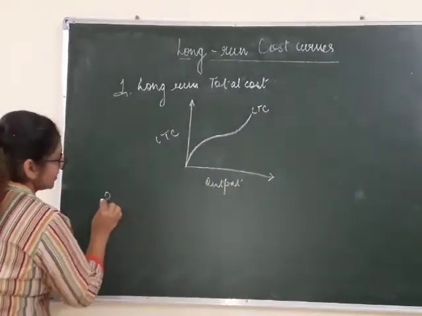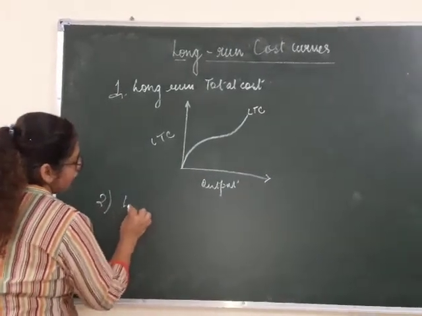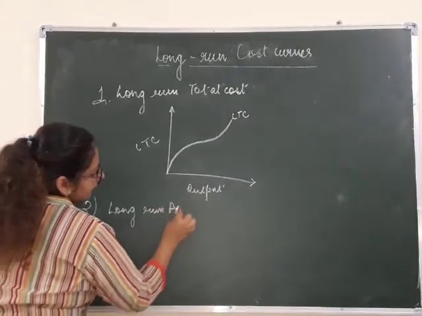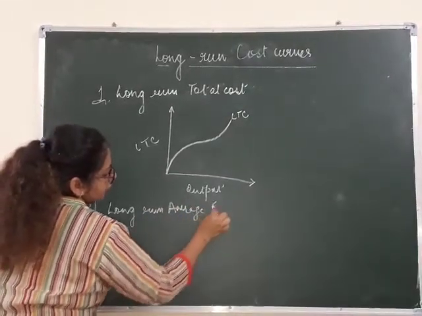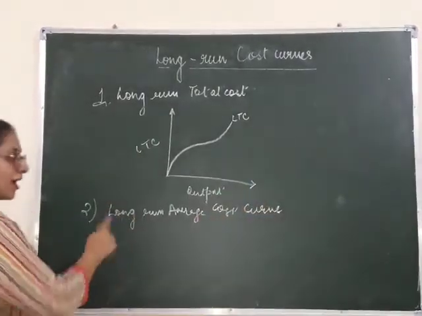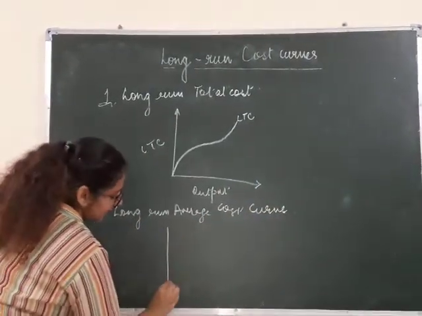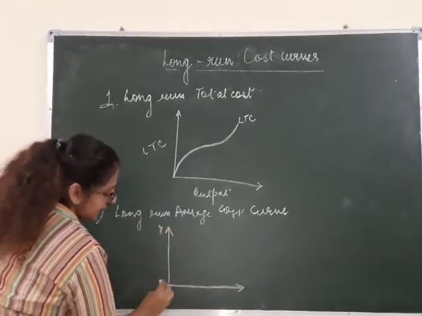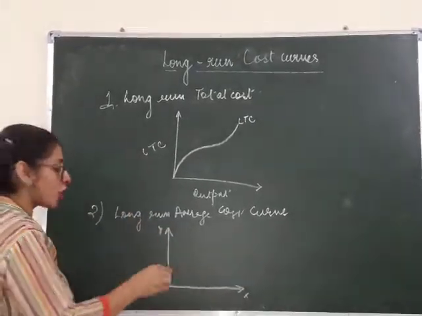And your second one is long run average cost curve. Again, in the long run average cost curve, the shape of the average curve is also the same, just like you have studied in the short run.